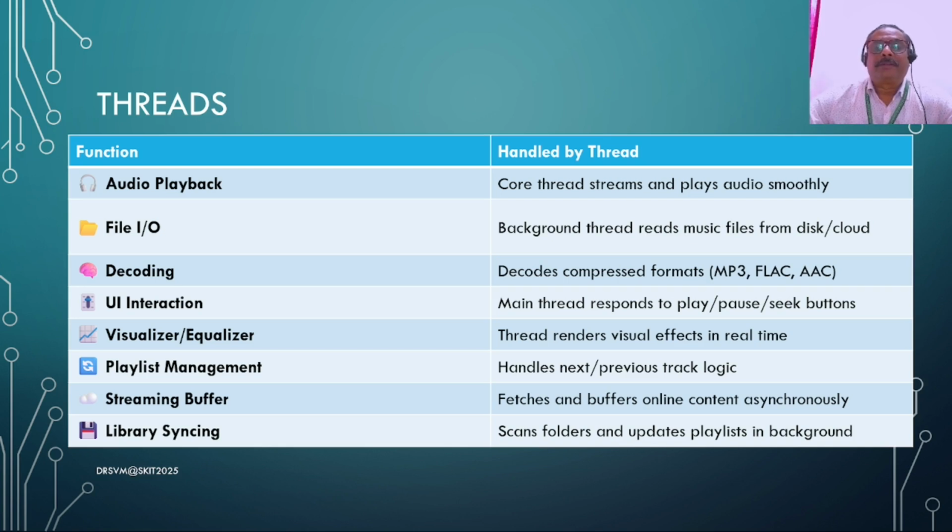So the compressed format should be decoded before actually playing it. Usually it may be MP3 or FLAC or AAC formats that are used for compression, and before playing it should be the plain data, so it has to be decoded.